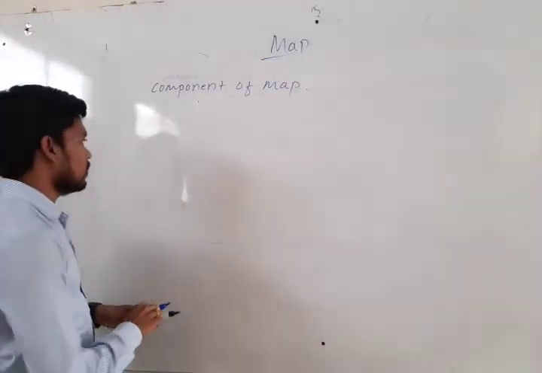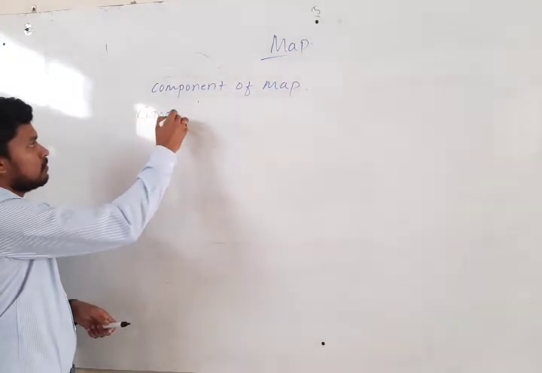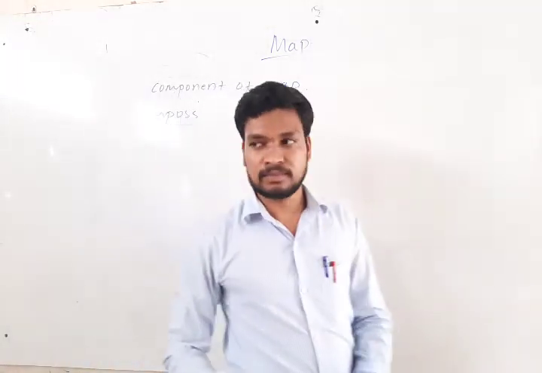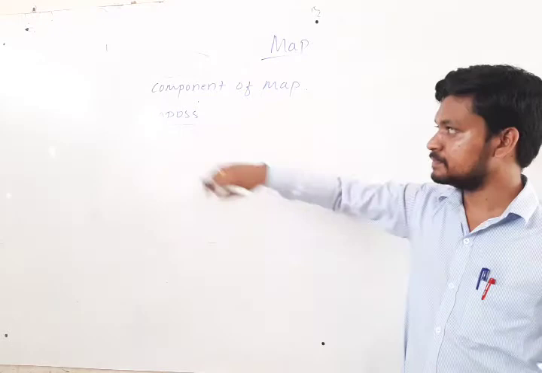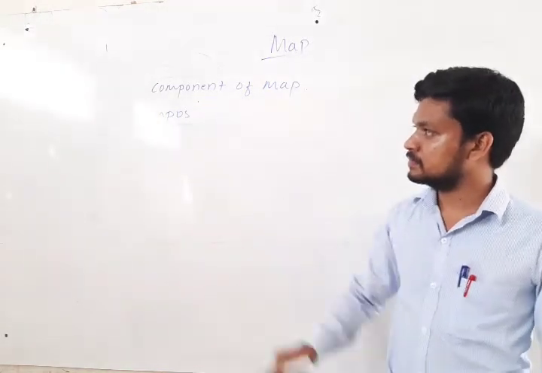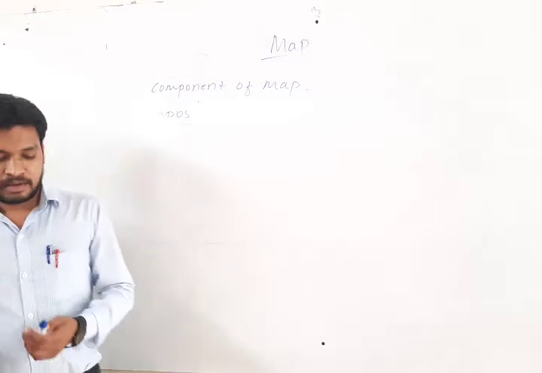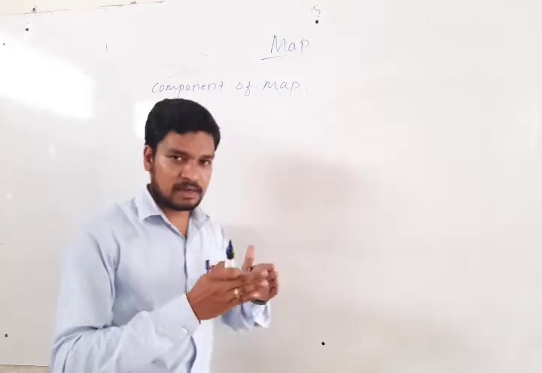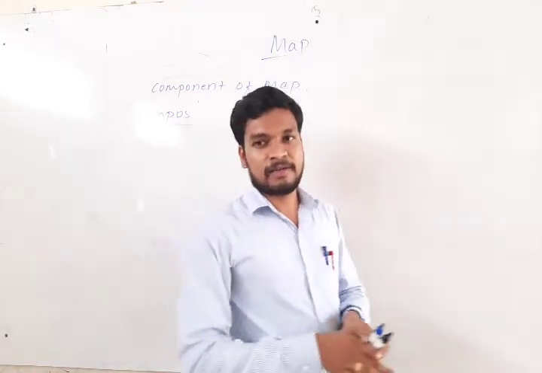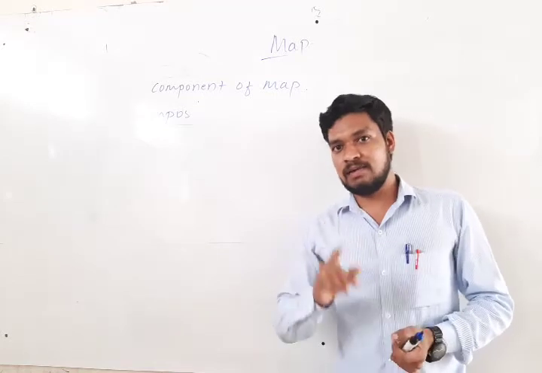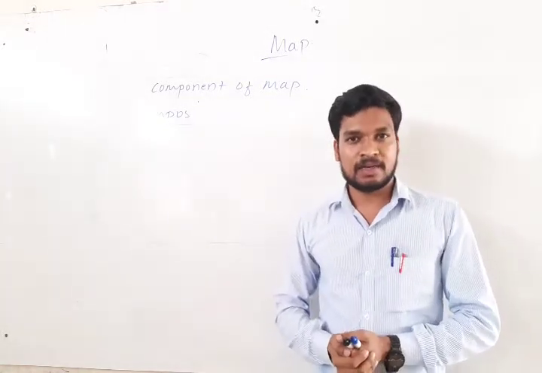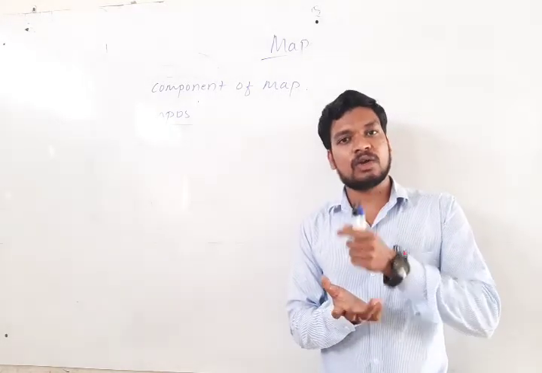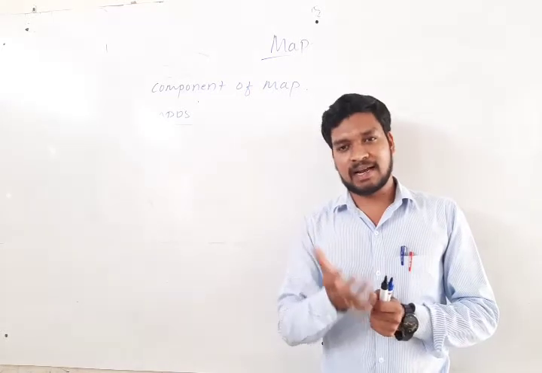Then we have the compass. You might know about this compass. This needle, like a sharp arrow mark, always shows towards the north direction. It's an object, a machine, that always shows towards north, and it has a magnet.